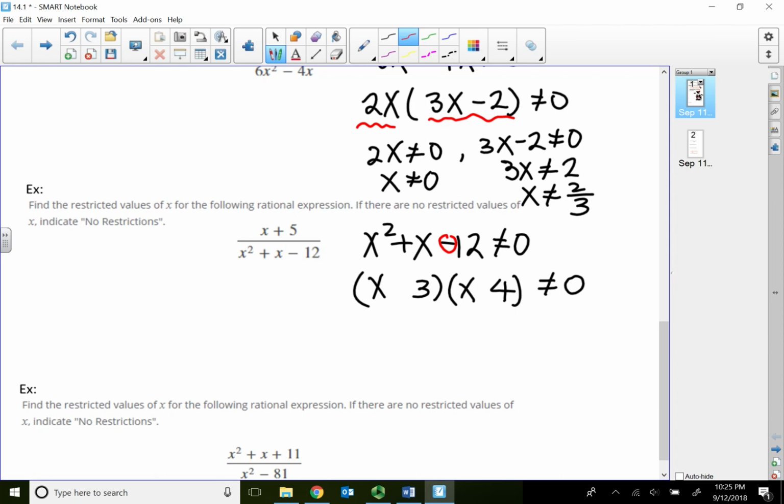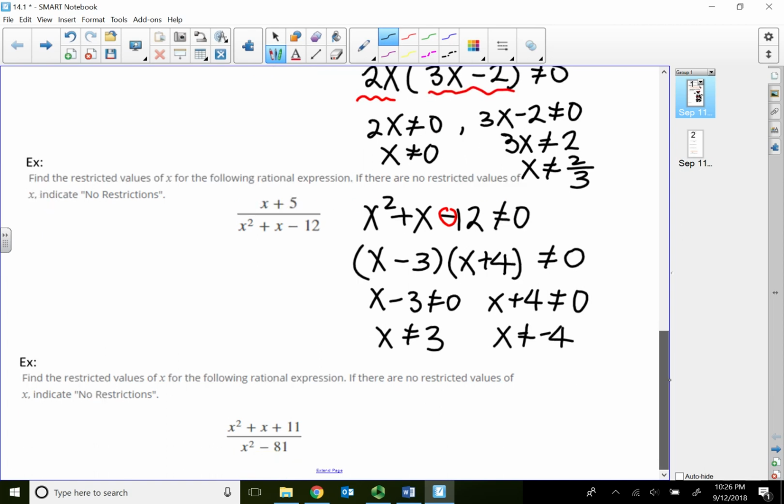To end up with a positive 1 in the middle, I have to have a positive 4 on the outer and a negative 3 on the inner. Set each factor containing the variable not equal to 0. My answer: x cannot equal 3, and the other x cannot equal negative 4. So those are my restrictions.